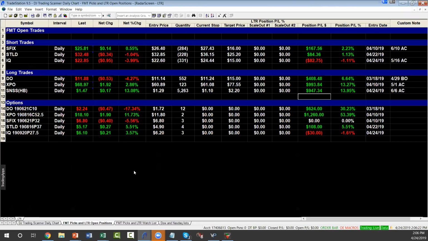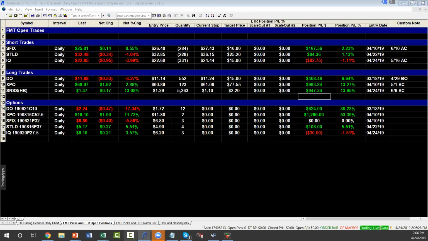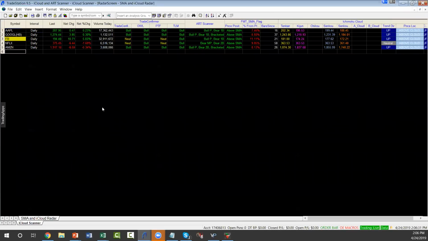And like I said, using radar screen, the idea of having a table where you can type in symbols, you can type in an interval, and then you can load indicators and then look for your trade setups this way and scan it, sort it, filter it, and get down to a meaningful, manageable list of candidates. I think it's just super powerful.